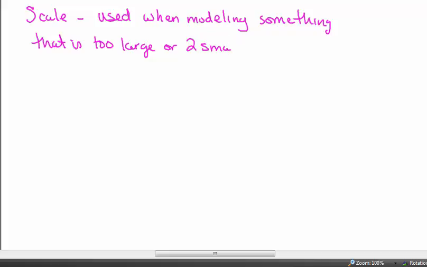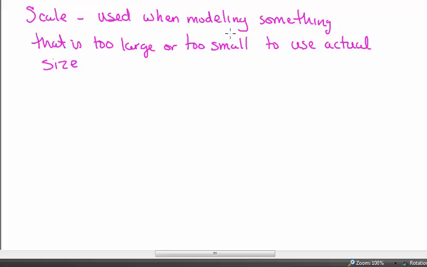Now I know that you guys have all heard the term scale model, and we use scale to make a scale model, and we use scale when we're drawing photos or pictures.